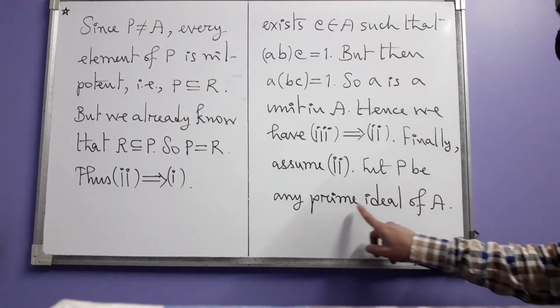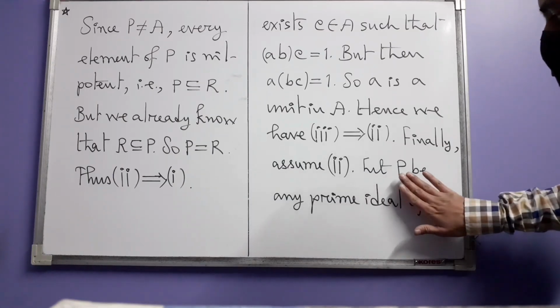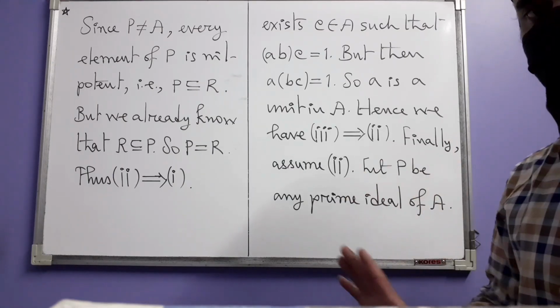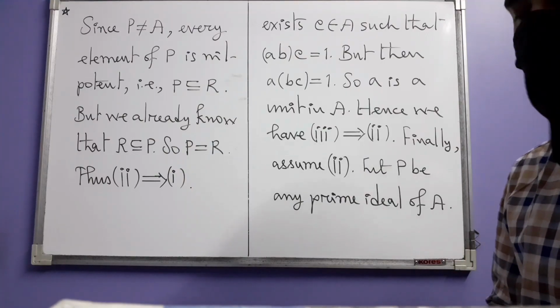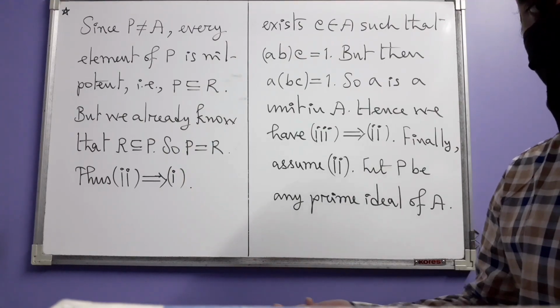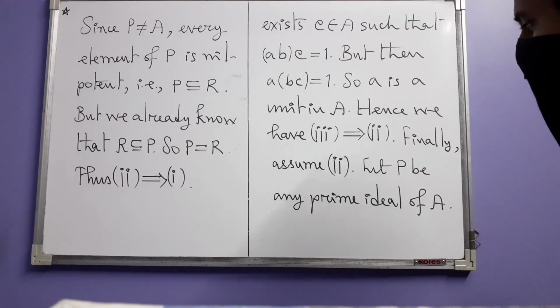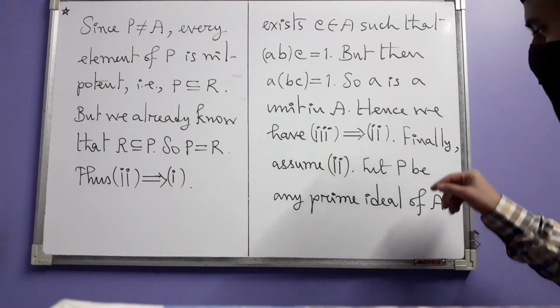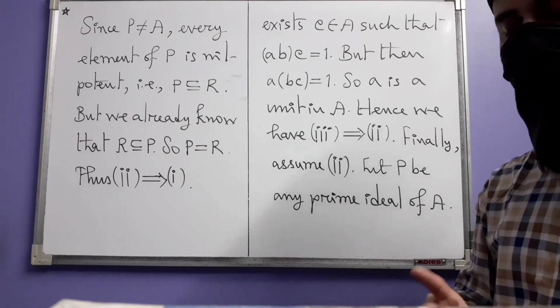So let P be any prime ideal of A. We are right now not saying anything about whether there is a prime ideal, although you may have already guessed that there is actually at least one prime ideal, but we are coming to that afterwards. Let us first see why P should be equal to the nil radical.